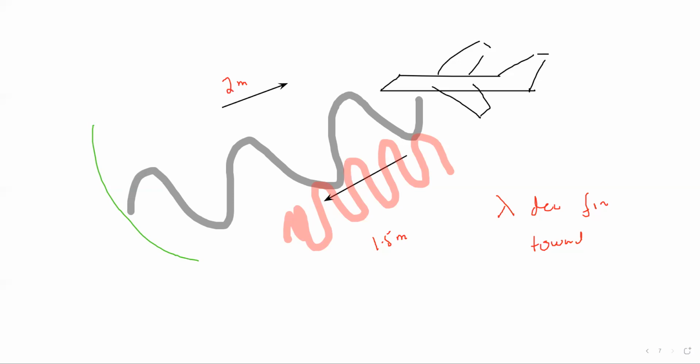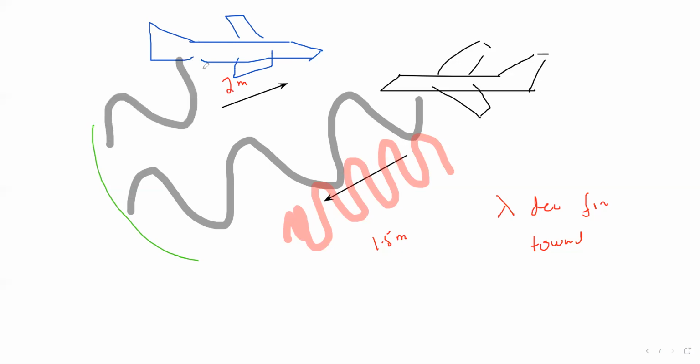For example, if there is another aircraft moving away, when this aircraft sends the signal back, as a result what is sent and what is received will be longer. So we can conclude that this object is moving away because the wavelength increases, whereas here the wavelength decreased.